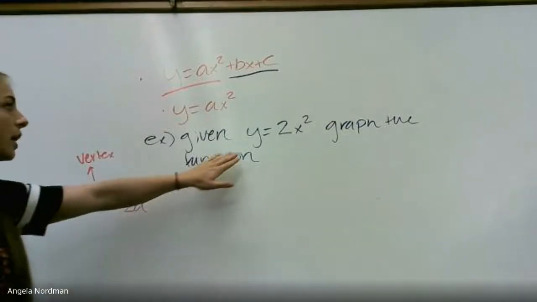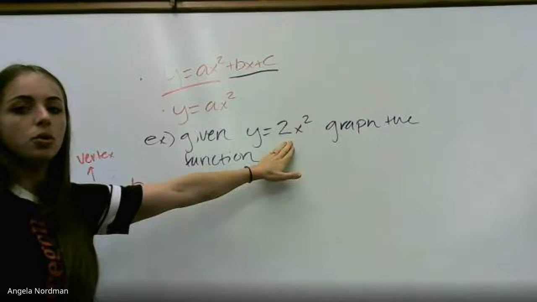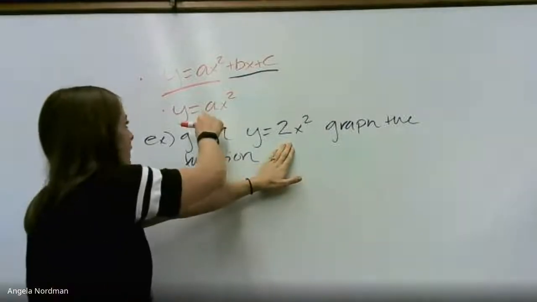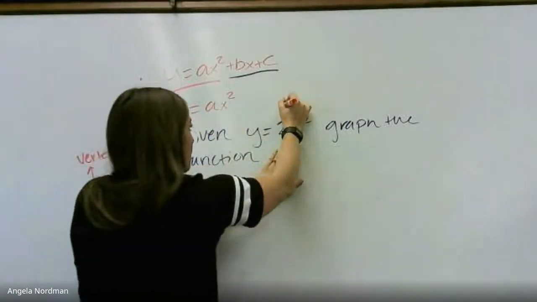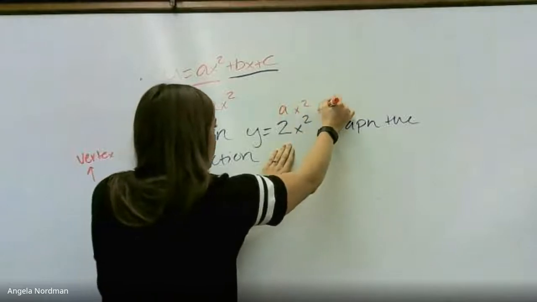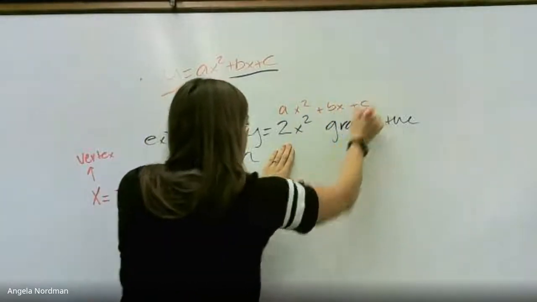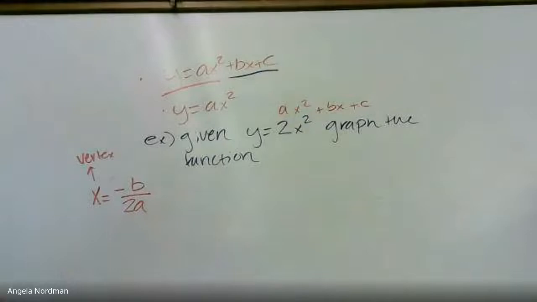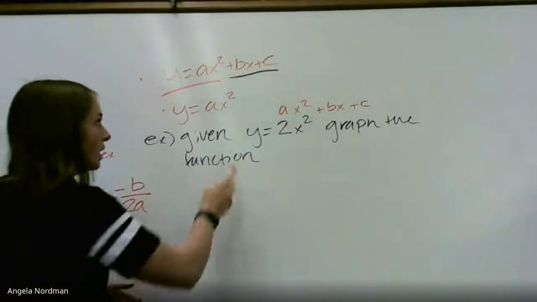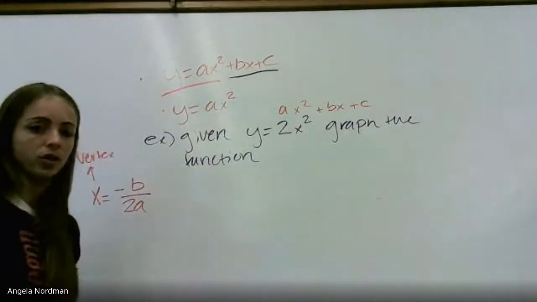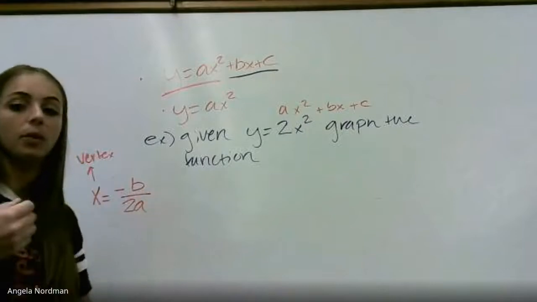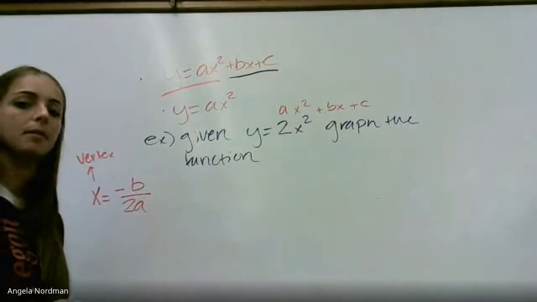So looking at our function y equals 2x squared, let's write this standard form up above it: ax squared plus bx plus c. We already see that we only have the ax squared version of this. So first I'm going to identify what's my a, what's my b, what's my c.